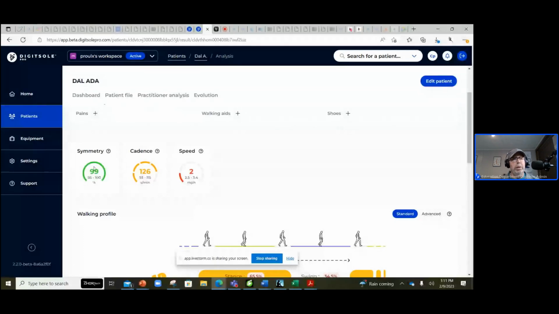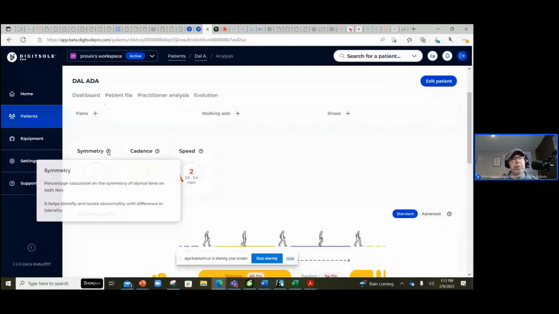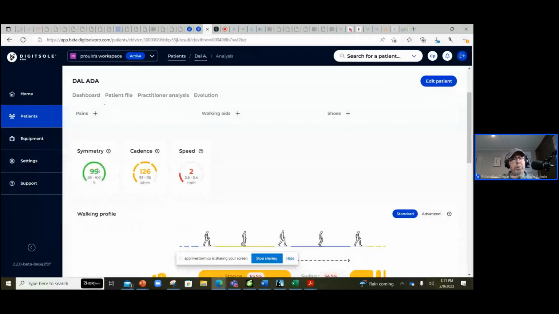So symmetry: if you put your arrow over the question mark, it tells you the definition of what that metric or biomarker is. This percentage is calculated based on the stance phase, so it's the amount of time that the person spends in contact with the ground, and it compares that between the right and the left.